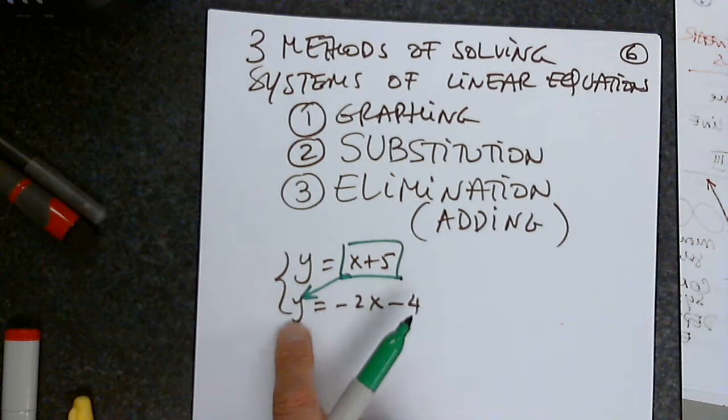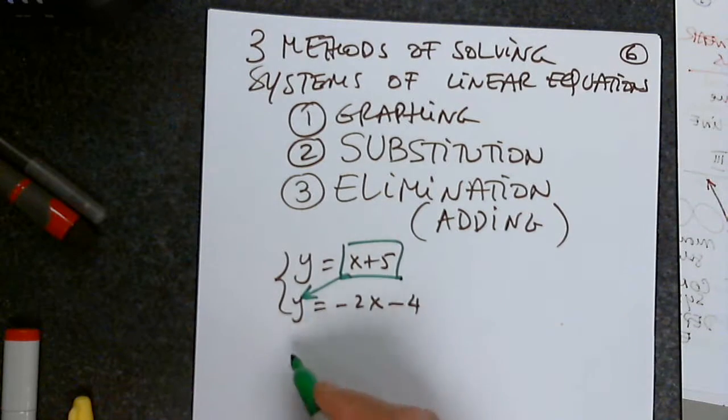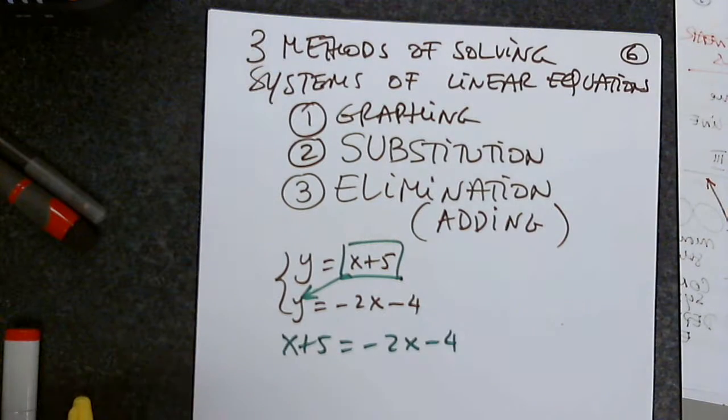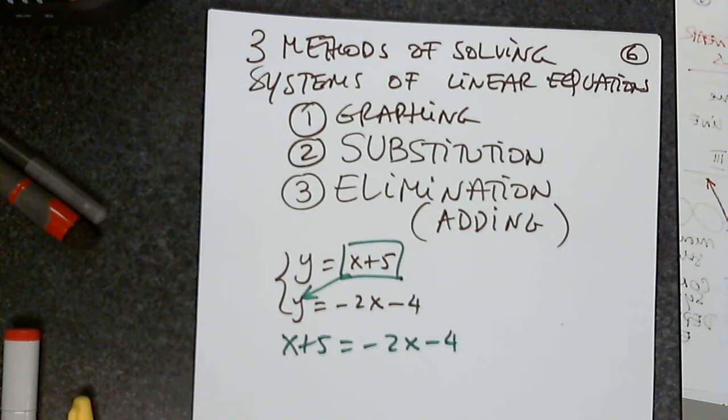So in the second equation, I will replace y by x plus 5. So I have x plus 5 equals negative 2x minus 4. They must be the same. It's the same y. It's the same variable. So if y equals x plus 5 and y equals negative 2x minus 4, those 2 quantities have to be the same. Do we all agree with that? Right?